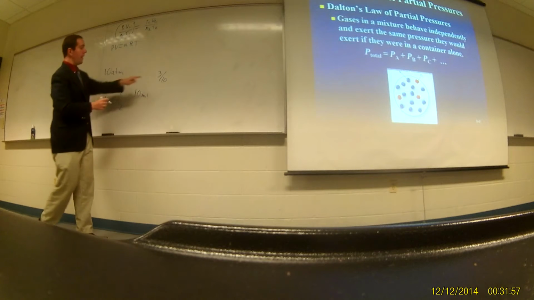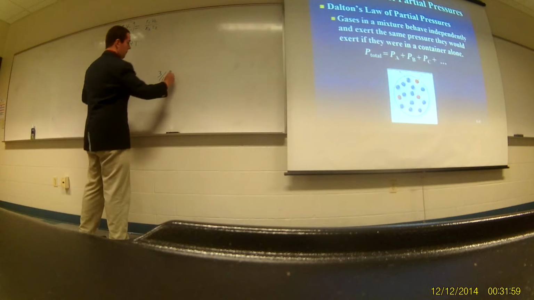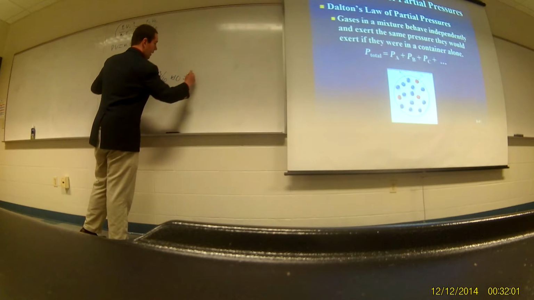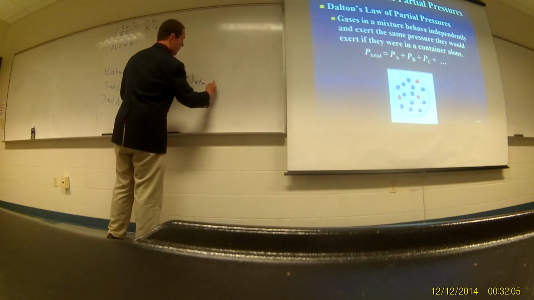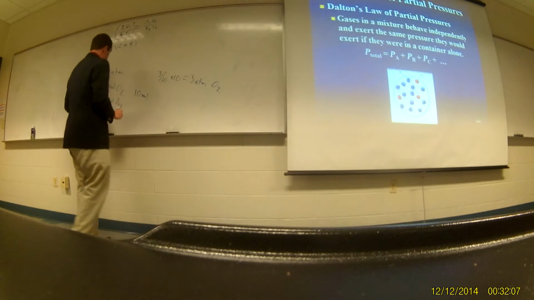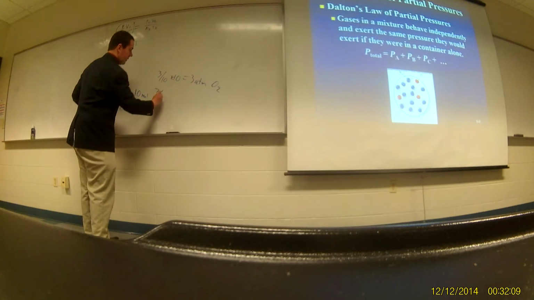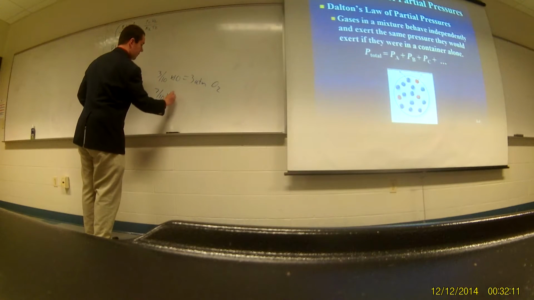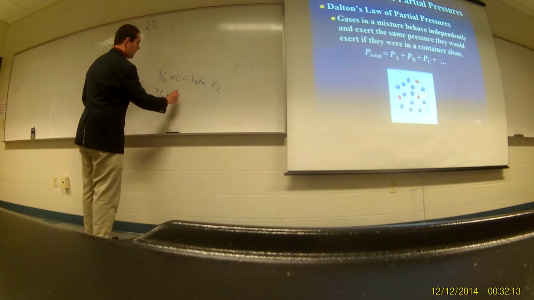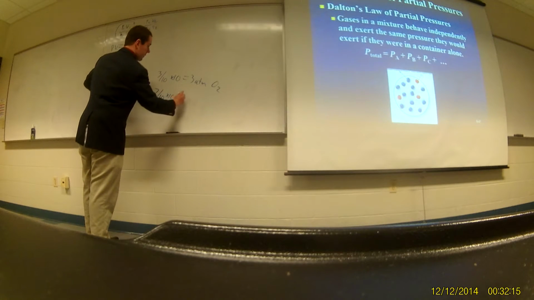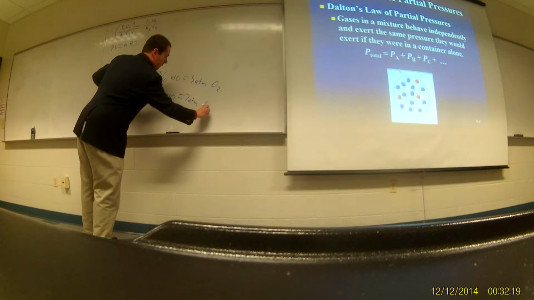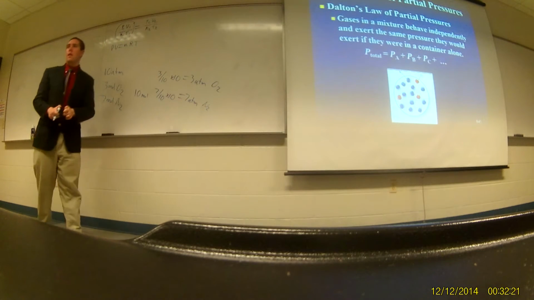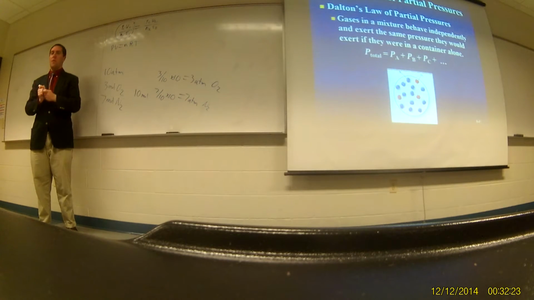And so 3/10 of 10 equals 3 atmospheres from the oxygen. The nitrogen is 7/10 of the moles, so 7/10 of the pressure is going to be 7 atmospheres from the nitrogen.